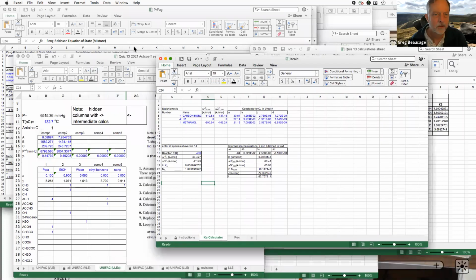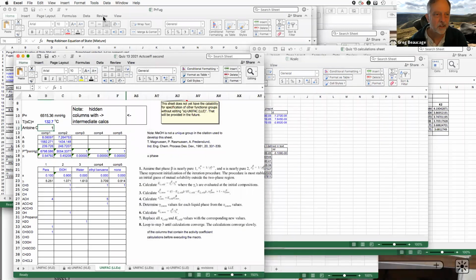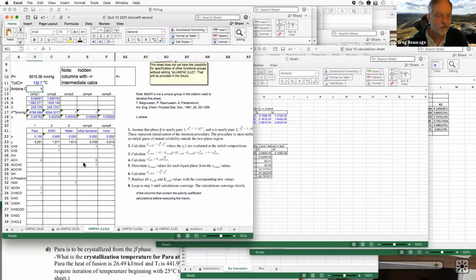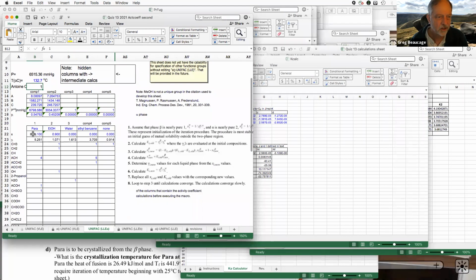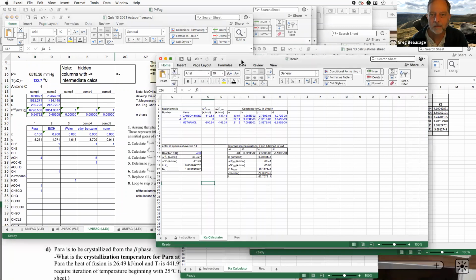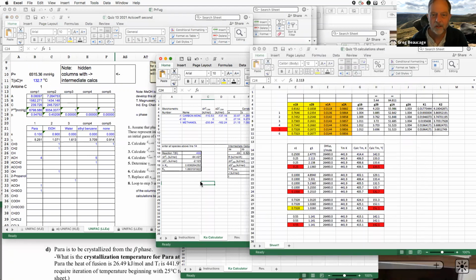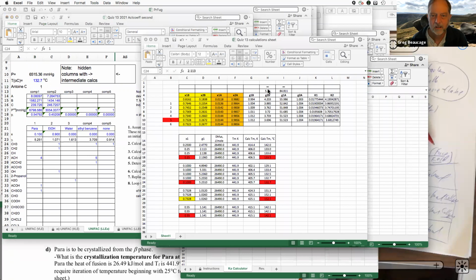So you had to use the activity coefficient calculator web page using UNIFAC liquid-liquid equilibria, put in the right parameters for ethanol and paracetamol, and then search out the infinite dilution.